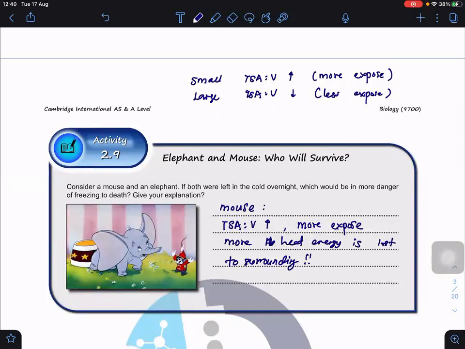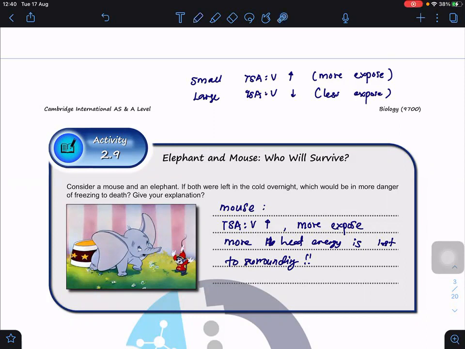This is the explanation why the mouse will die first: it has a large total surface area to volume ratio, so it is more exposed, therefore more heat energy is lost to the surroundings, so it will die first. Are you clear?